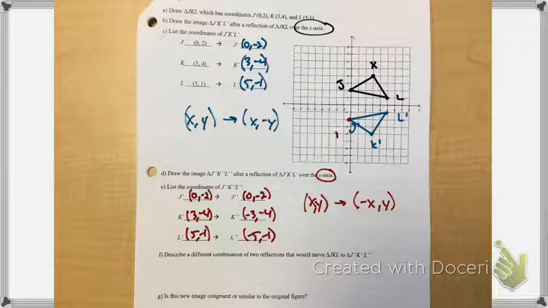Titus, there's that one you were asking about. See how it's the same point this time? It's because it was on the axis. So there's J double prime. K double prime is negative 3, negative 4. And L double prime is negative 5, negative 1.